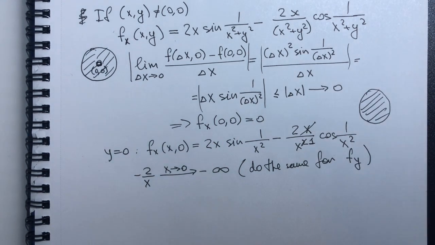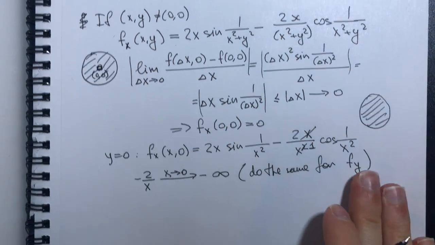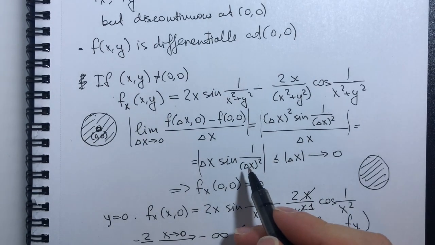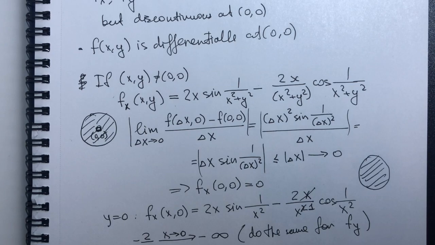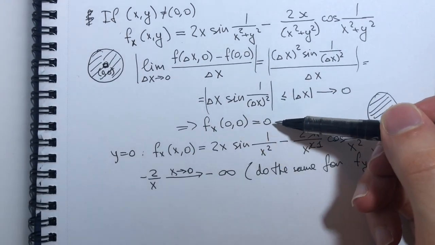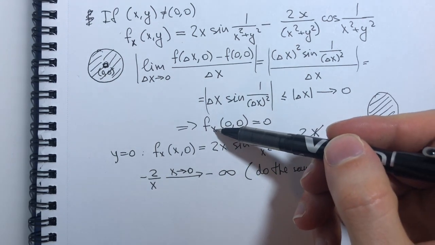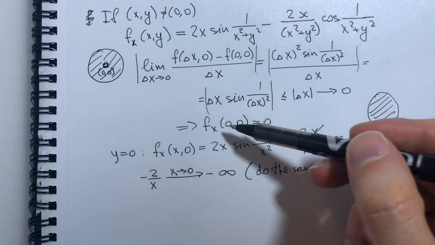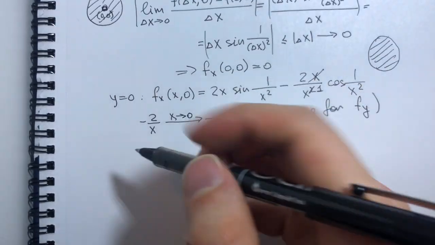So they are unbounded, but this does not contradict our function being differentiable. So why is that true? Well, using the limit definition, I figured out that fx is 0, fy is also going to be 0.